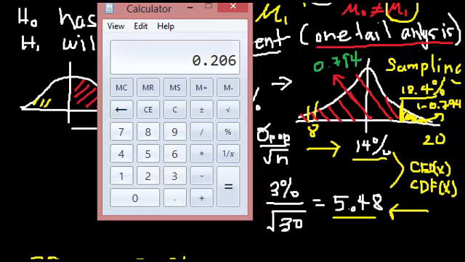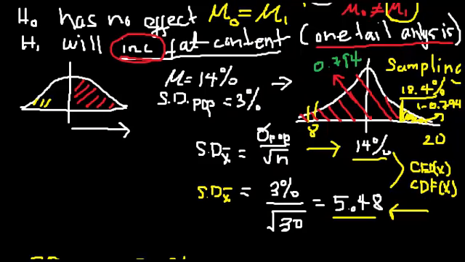Let's write it in a different color so we can see. So the probability is around 20%. And quite obvious that since 18.4 is right here in this corner, that indeed is 20%, and that's a large percentage.